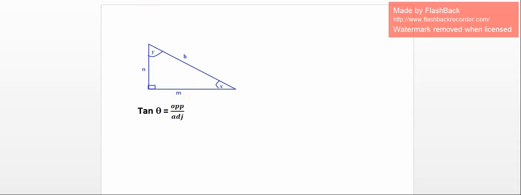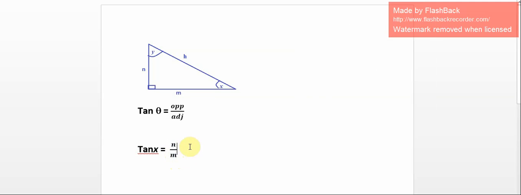So with this diagram, the tan of the angle x will be equal to the opposite to x, which is n, over the adjacent, which is m.